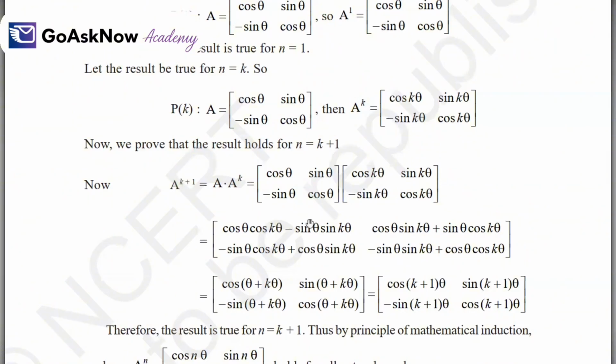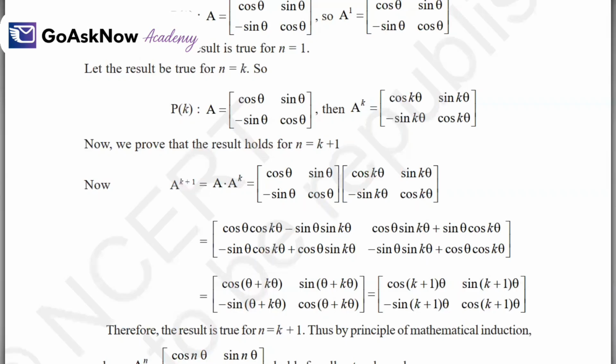Now you can see here that this is the formula of what? cos(A plus B). So you can write it as cos(θ plus kθ). Okay, the cos(A plus B) formula is cos A cos B minus sin A sin B. Similarly, for the second element, you can see that it is the formula of sin(θ plus kθ), the compound formula for sin(A plus B).